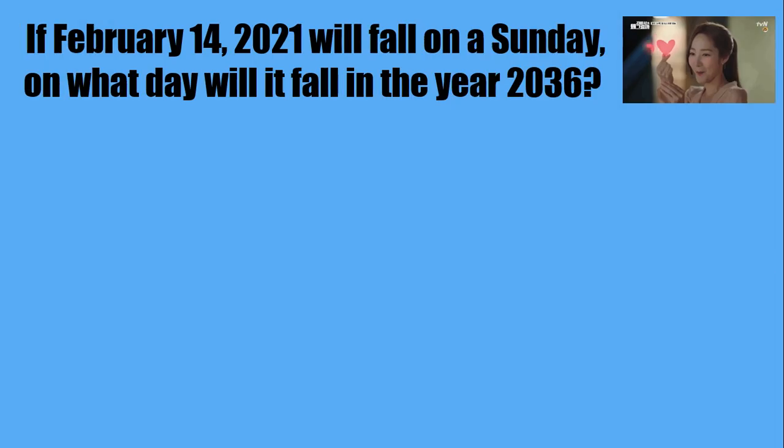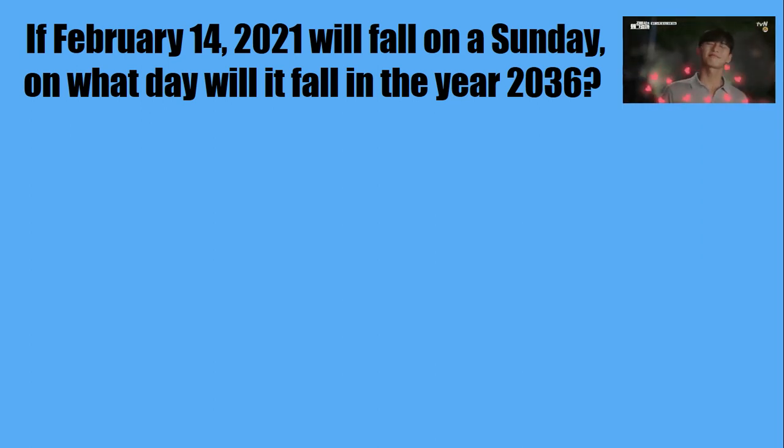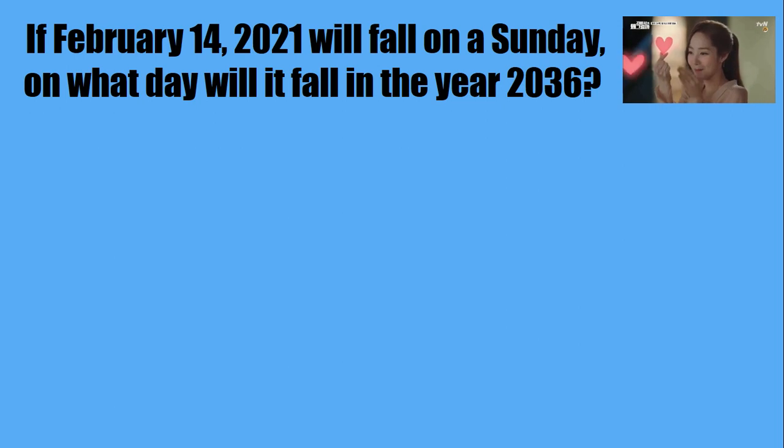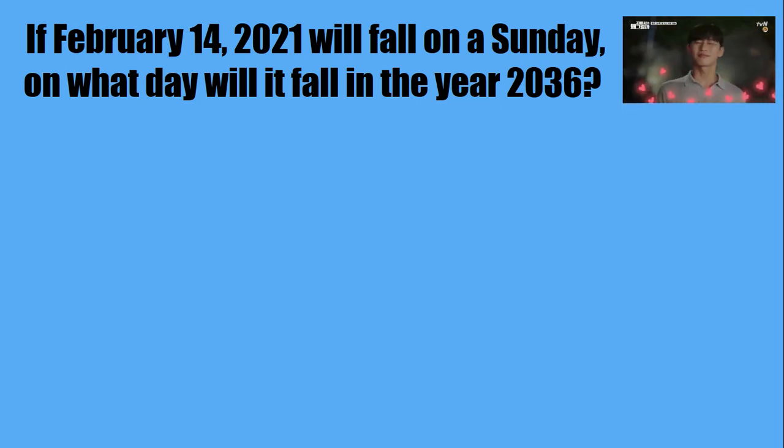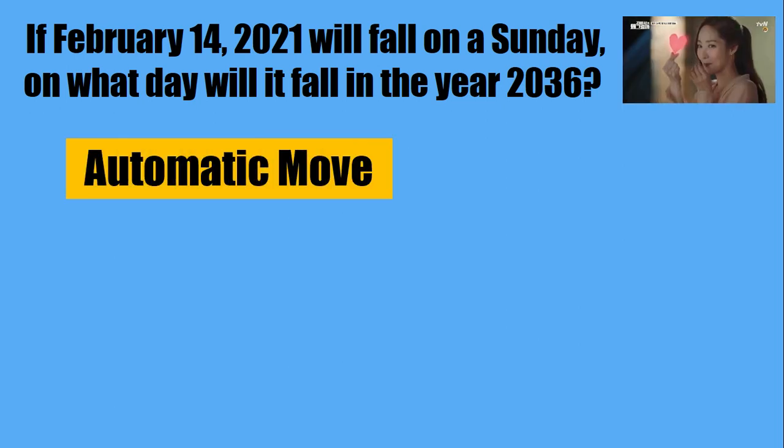Now, let's have this problem. This is coming from an actual calendar, so you can verify if our answer here is correct. If February 14, 2021 falls on a Sunday, on what day will it fall in the year 2036? So first off, we need to recognize the automatic move here.